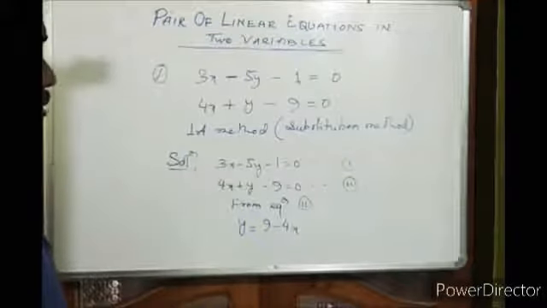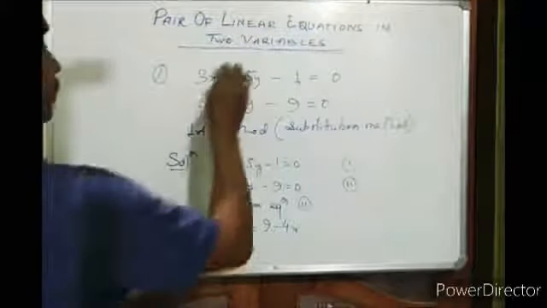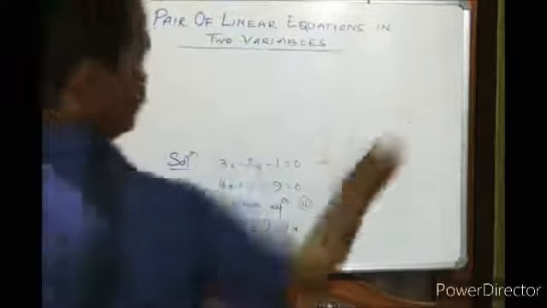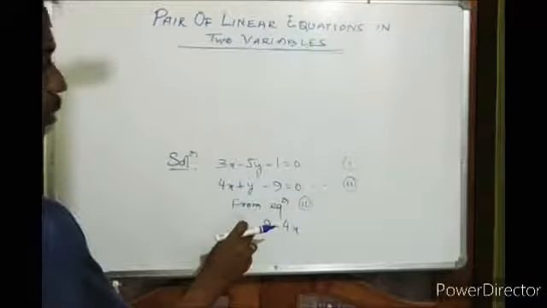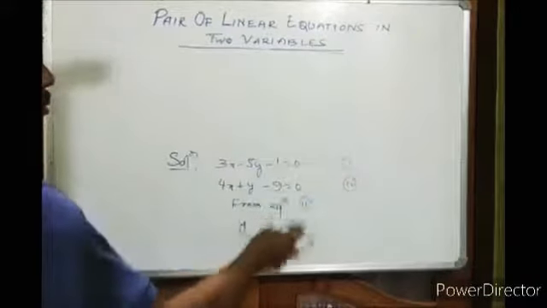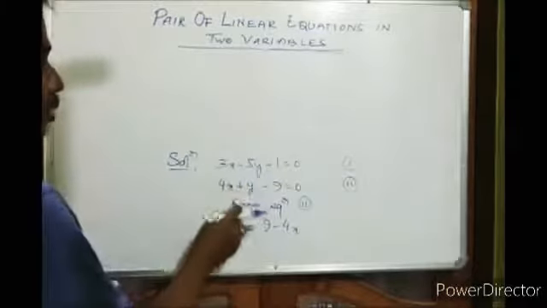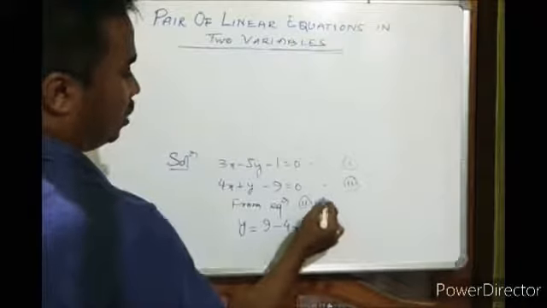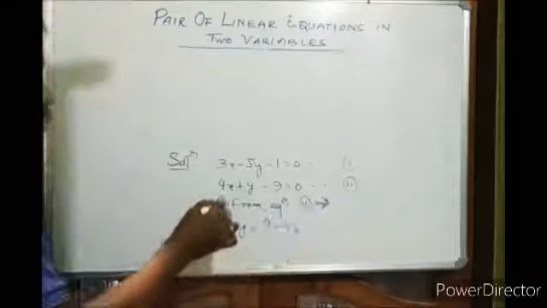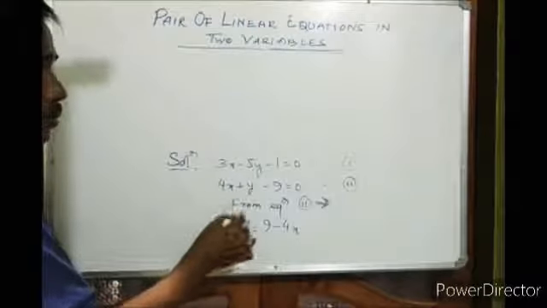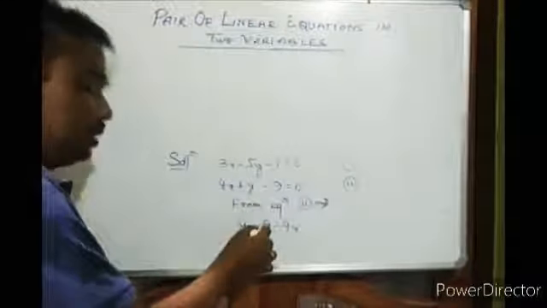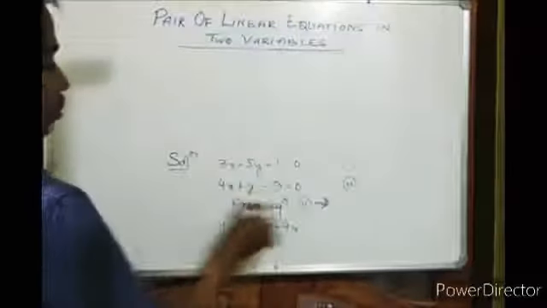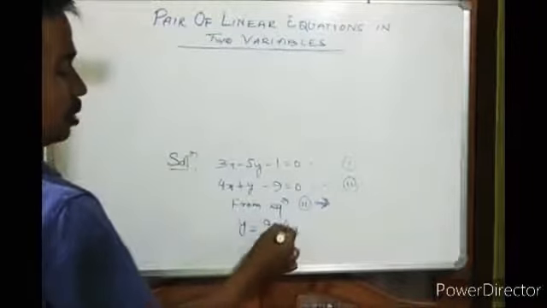After getting y equal to 9 minus 4x, now substitute this value of y in equation number 1. Be very careful: we have got the value of y from equation number 2, so we will substitute it in equation number 1. From equation number 2 we have got y is equal to 9 minus 4x.